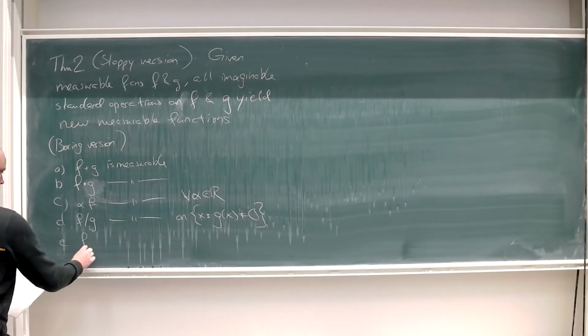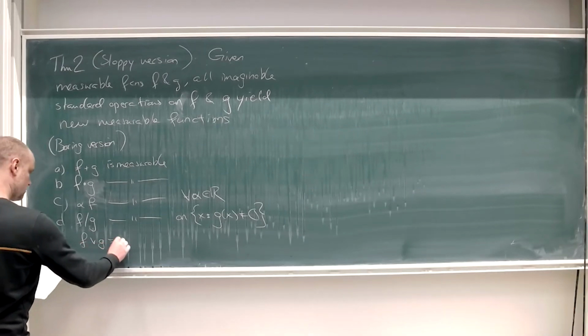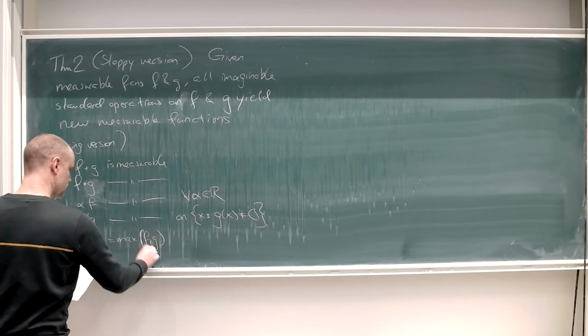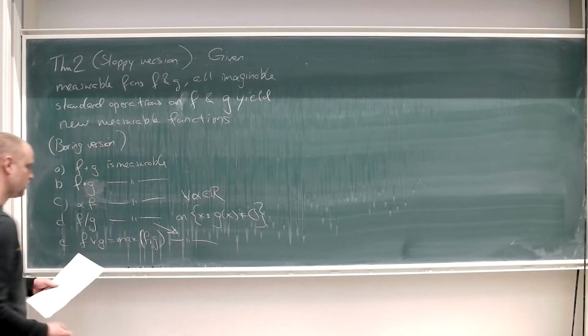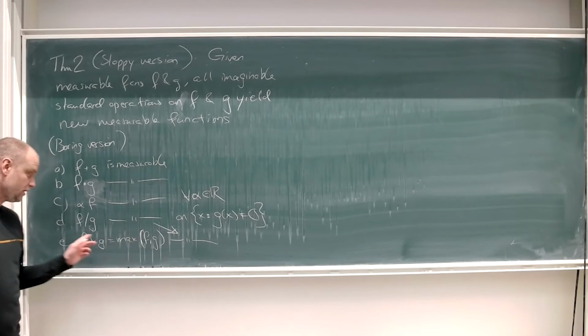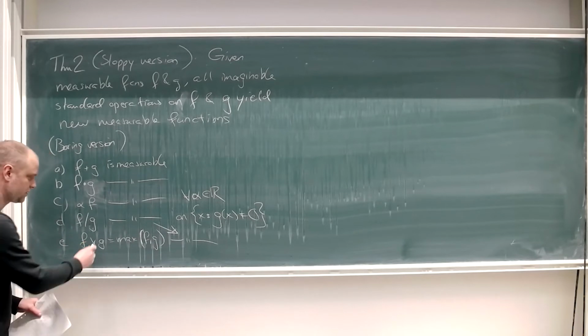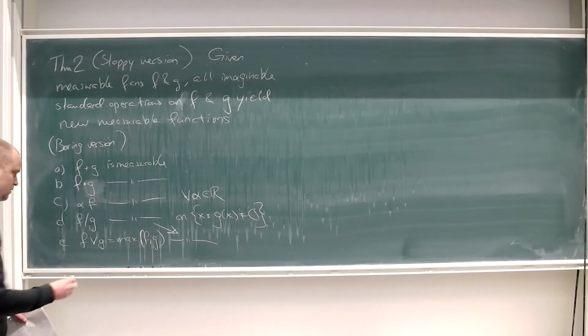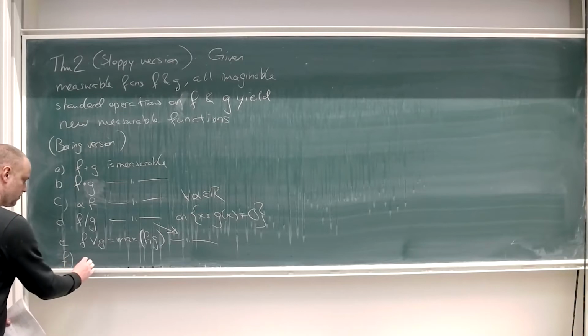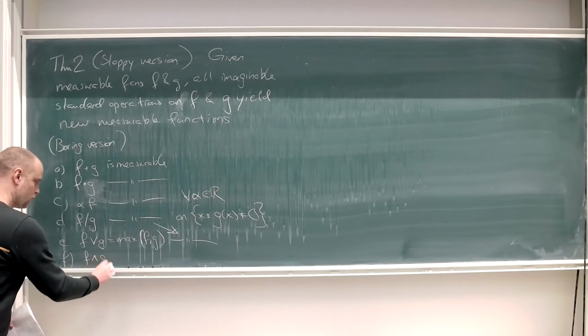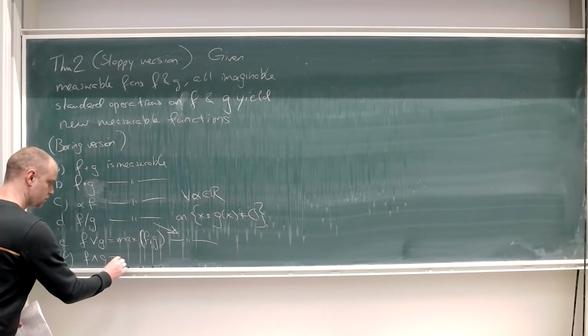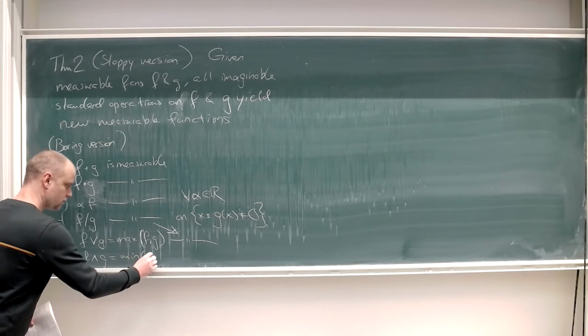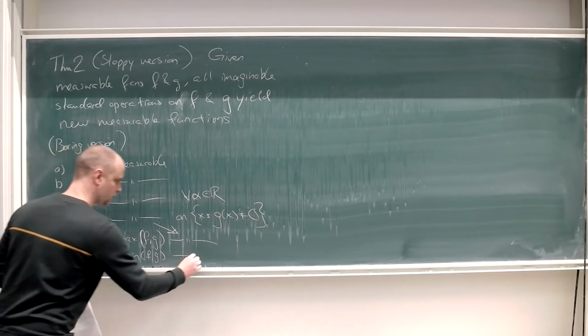The maximum of f and g is a measurable function. We use this notation sometimes for taking the maximum. The minimum of two functions is going to be measurable.